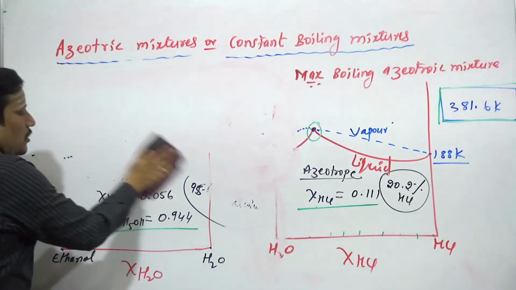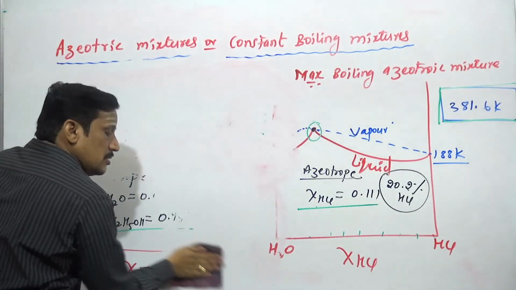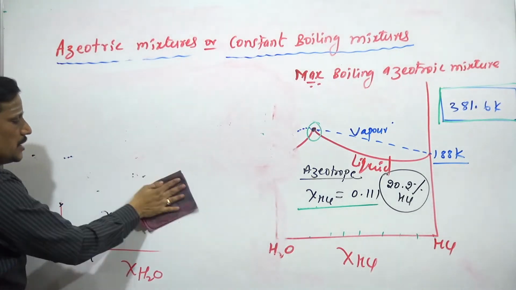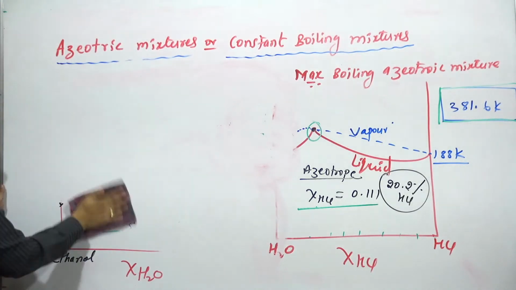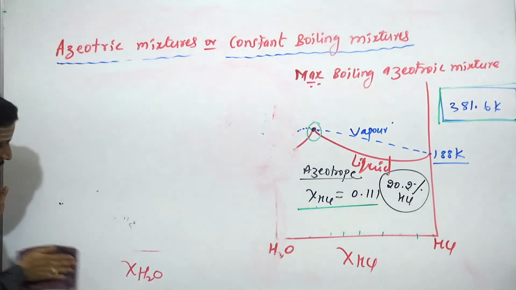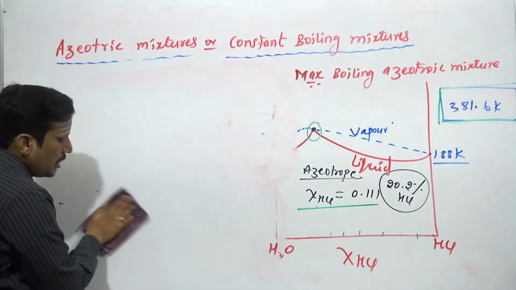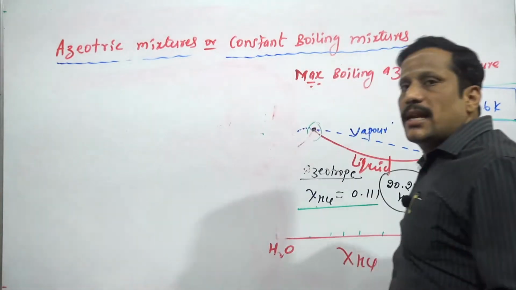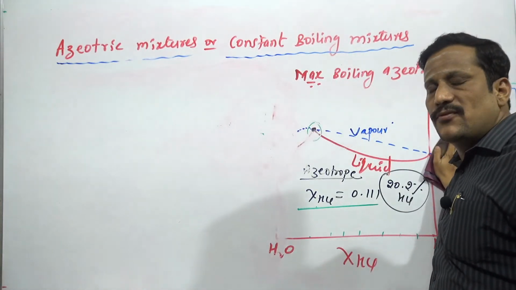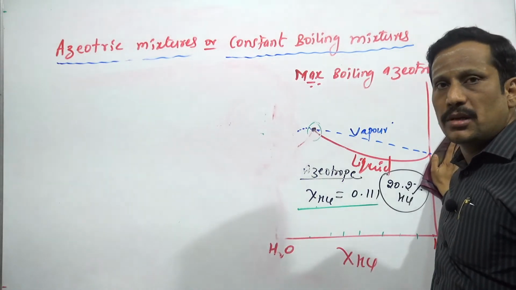Now we go for examples. Examples are very important, friends. You don't create your own example for an azeotropic mixture, because as I said in the beginning, for ethyl alcohol and water, only if the ethyl alcohol percentage is 95.6 and water is 4.4 is it an azeotropic mixture.